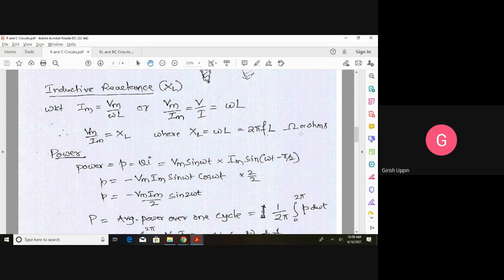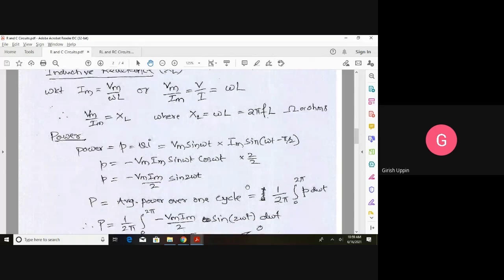You have to remember, in case of a pure resistance, V by I is R, the opposition offered by the resistor. In case of inductive reactance, V by I is XL, the opposition by the inductive circuit, and both are represented in ohms.